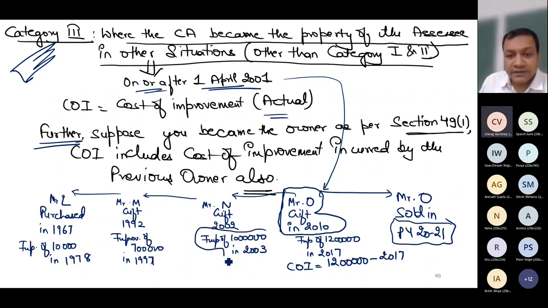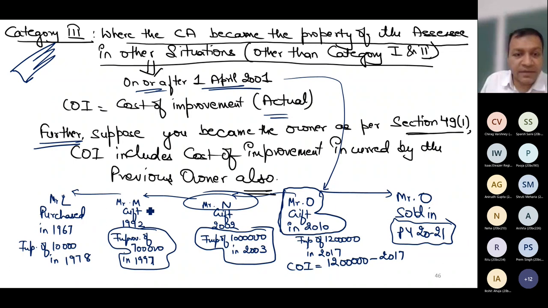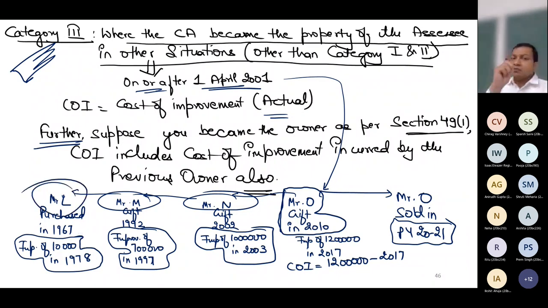In 2003, 10 lakh, incurred by Mr. N. 7 lakh in 1997, incurred by Mr. M. And 10,000 in 1978, incurred by Mr. L. So there are 3 improvement costs incurred by 3 previous owners: 10,000 in 78, 7 lakh in 1997 and 10 lakh in 2003.